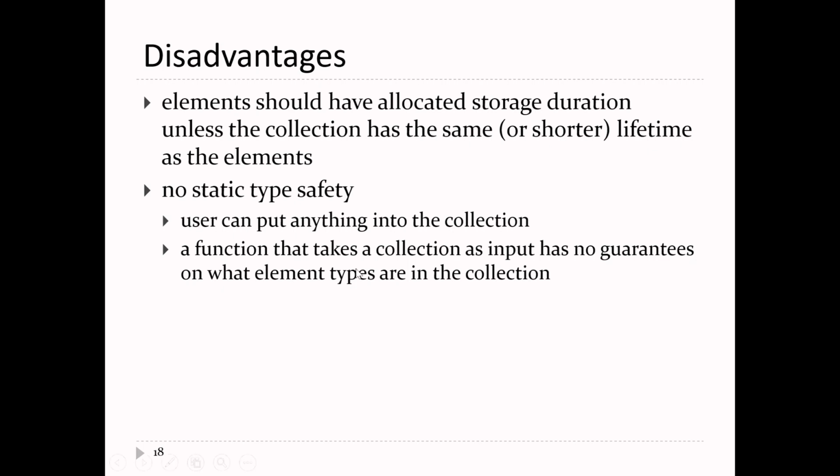You write a function where one of the inputs is a stack, and the function has no idea what elements are in that stack. There's no guarantees on what element types are actually in the stack.